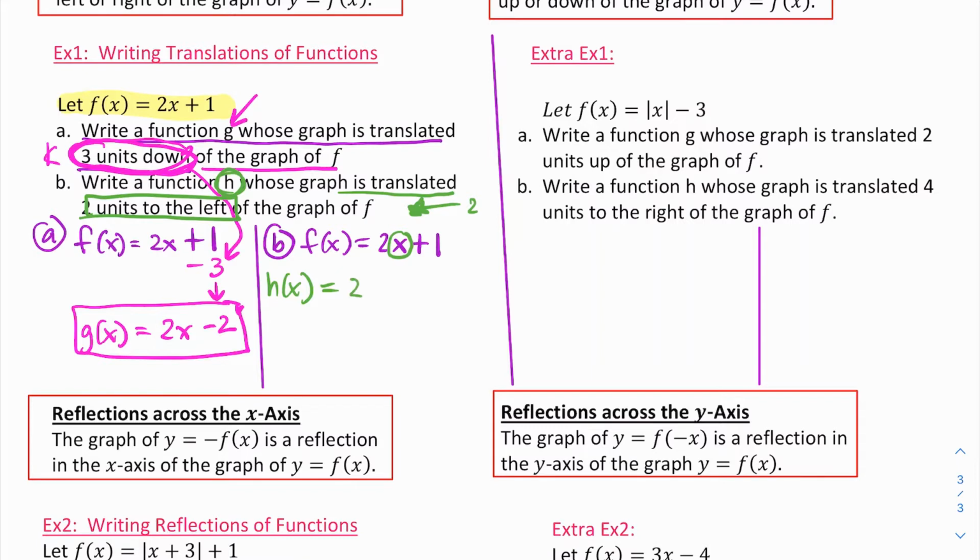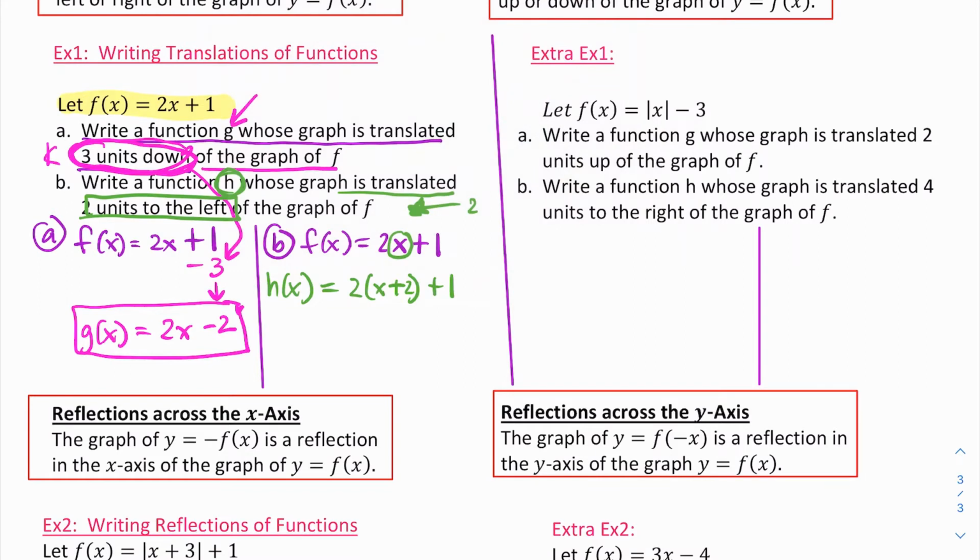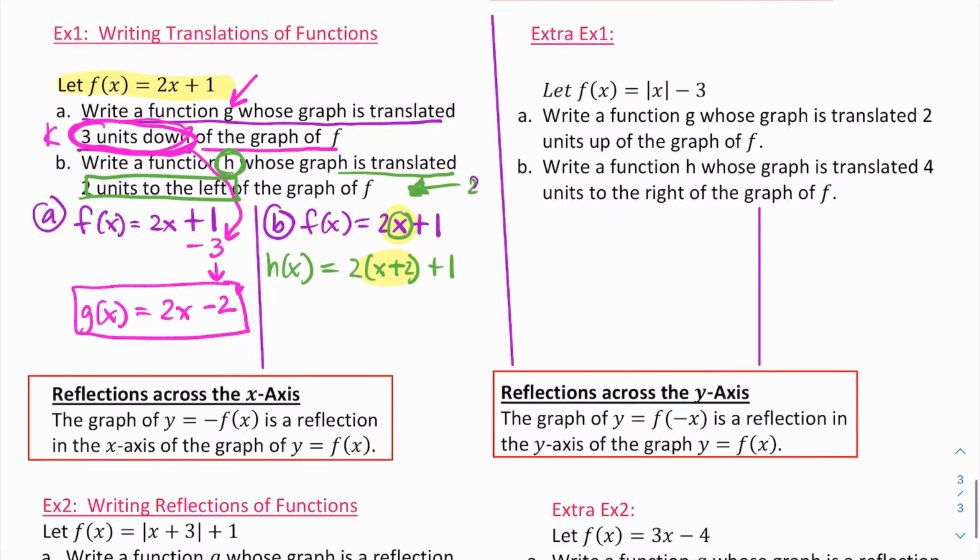So this will become 2 times x plus 2, plus 1. The only part that's getting affected is this, and it's changing to x plus 2. Remember, for the h value, it's opposite of what you think, and this represents h. Because it's going to the left in the negative direction, it's basically minus a negative 2.